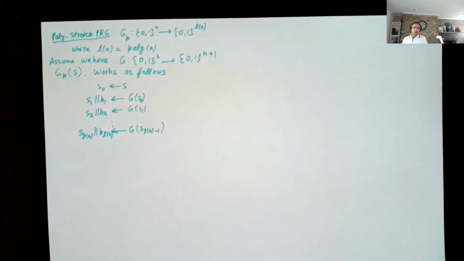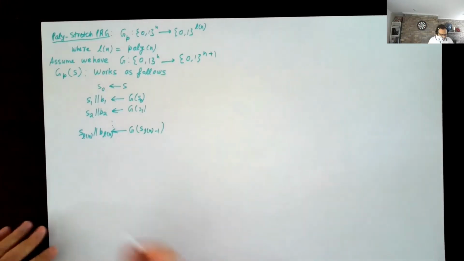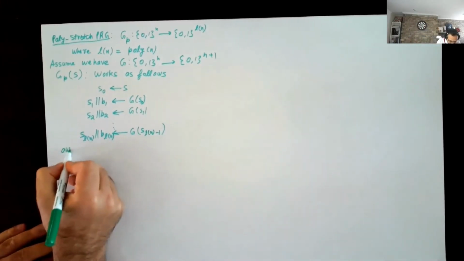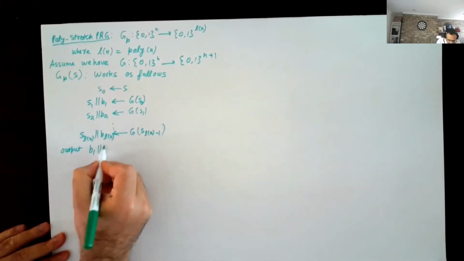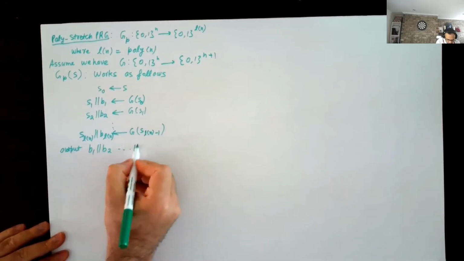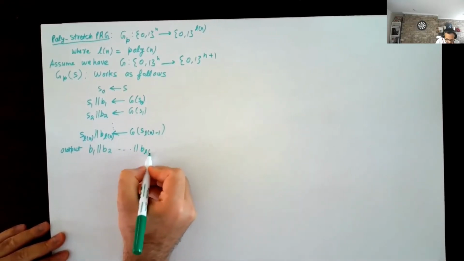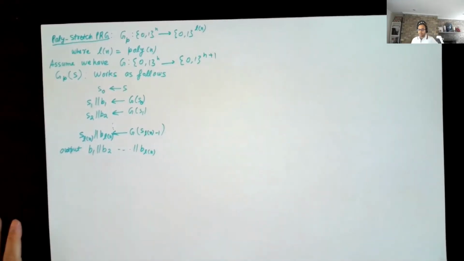Okay, so now we have accumulated enough free bits, and we will just output these. So output B1 concatenated with B2, and so on, finally B of L of n. These are L of n bits, which is exactly what we wanted. So a couple of observations to keep in mind.